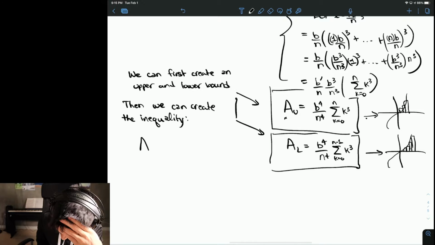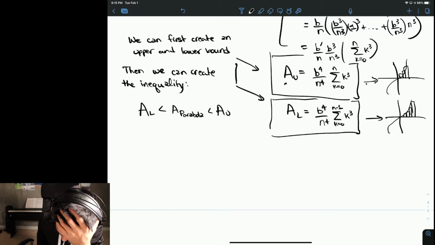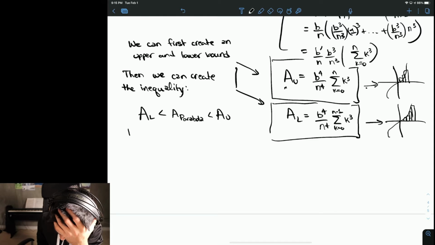Like L is smaller than the area of the parabola that we have, which is x cubed, which is smaller than the upper bound. Or more literally, like b over 4. I really don't want to write this out.